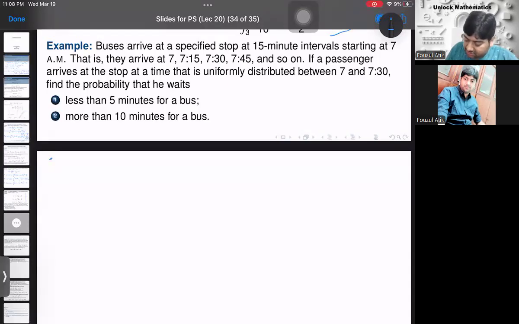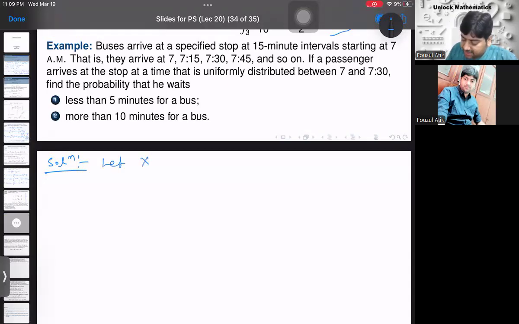So the solution for this question is to define an x. So take x as the variable which is the arrival time of the passenger in minutes after 7 a.m. This part matters. What is your x?